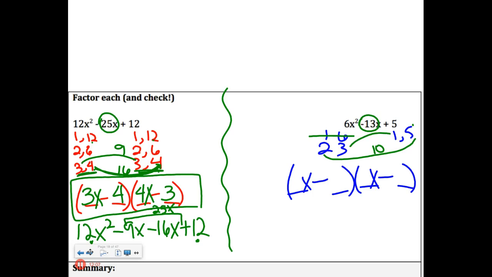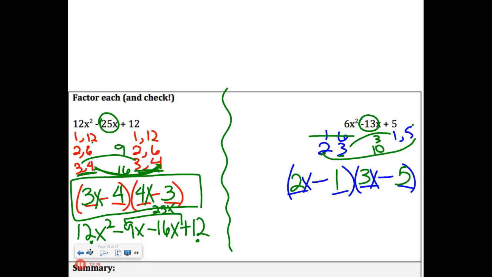And the 1 times 3 gives me 3, which, there we go, gives me 13. So we use the 2 and the 3, so that will have to go here. I multiply the 2 by the 5, so that will have to go here. And we multiplied the 3 by the 1.